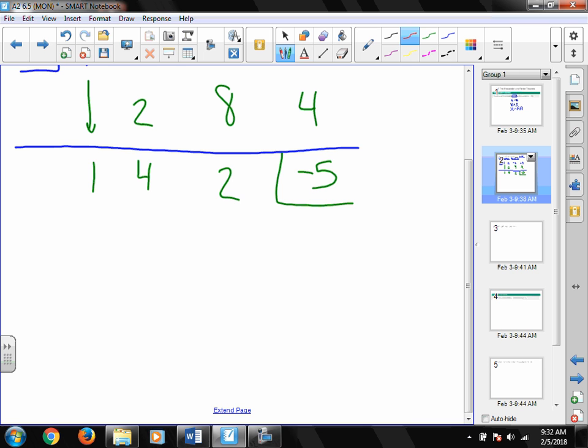Here's where I'm going to surprise you guys. This last number right before your box, the 2, this is your constant term. This next number is your x term. This number, this 1, is going to be your x squared.